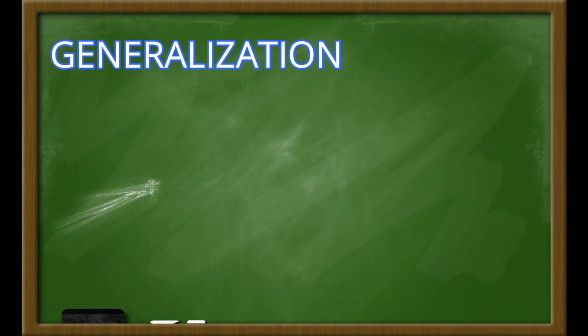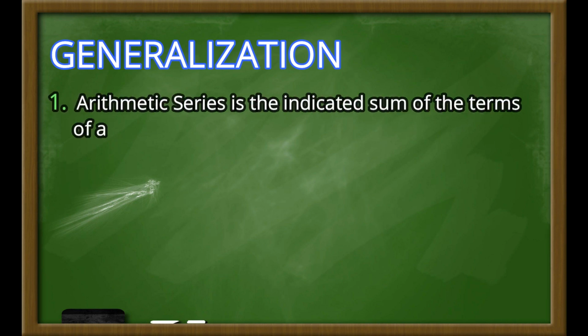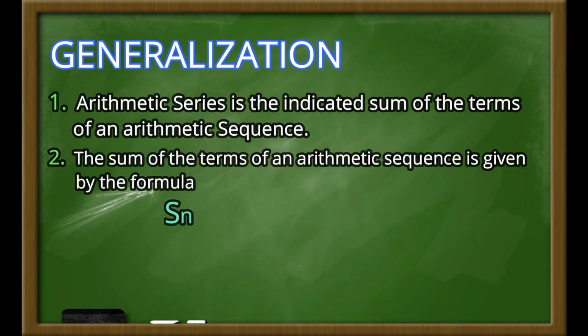Again, we will define arithmetic series as the indicated sum of the terms of an arithmetic sequence. When A sub n is given, we can use the formula S of n is equal to n times the quantity A sub 1 plus A sub n all over 2.